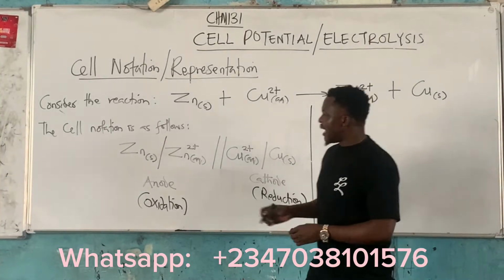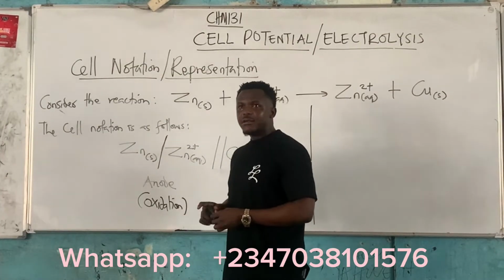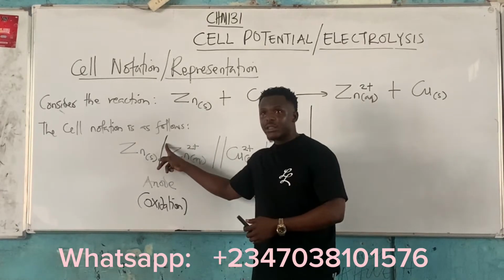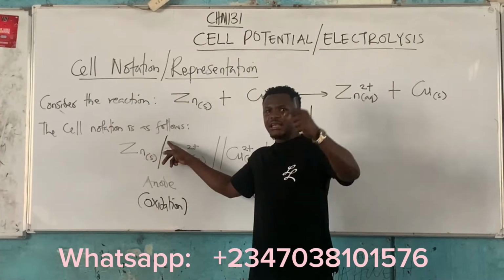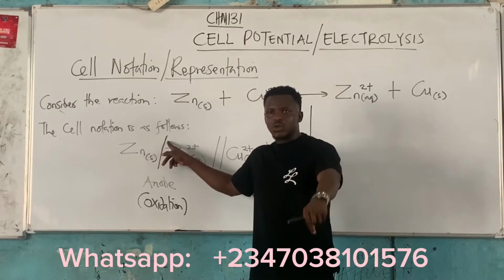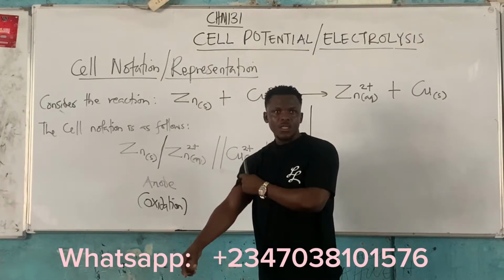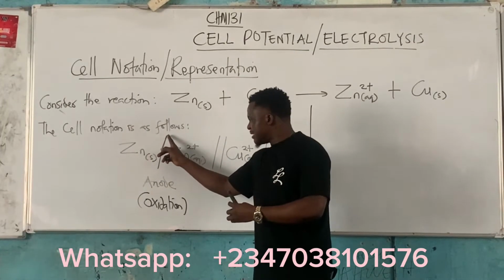Class, this line you're seeing here, please note this down. The line here is the boundary between the electrodes and the electrolyte, because you dip the electrode inside a solution. So the boundary between the electrode and the electrolyte is this single line.